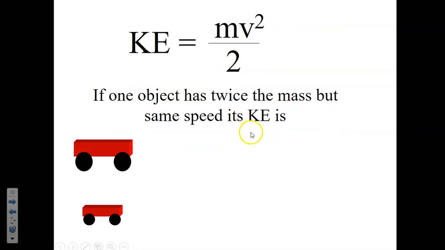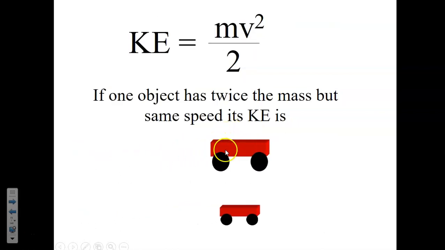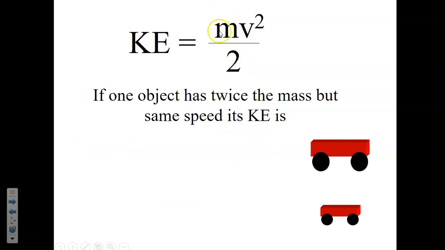So if you have two objects traveling the same speed, and one has twice the mass, okay, if I double the mass, what's that going to do to the kinetic energy? Well, that's going to double the kinetic energy. So the one that has twice the mass has twice the kinetic energy.